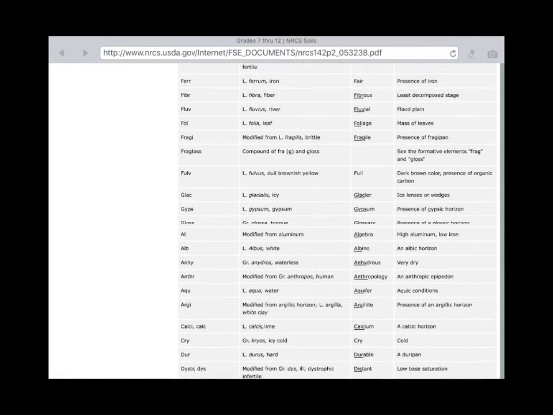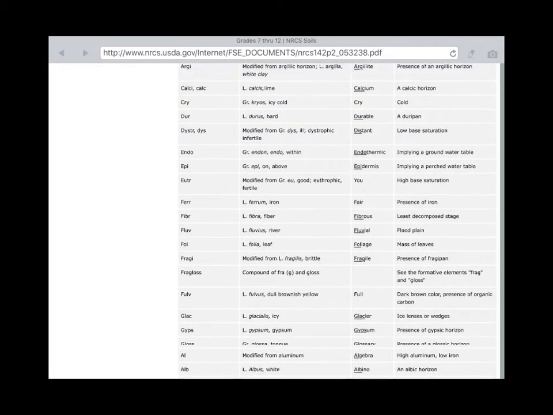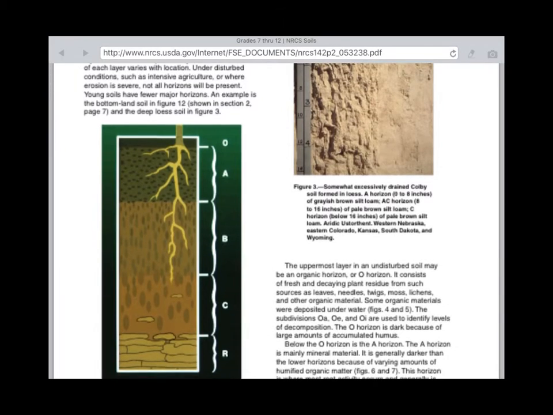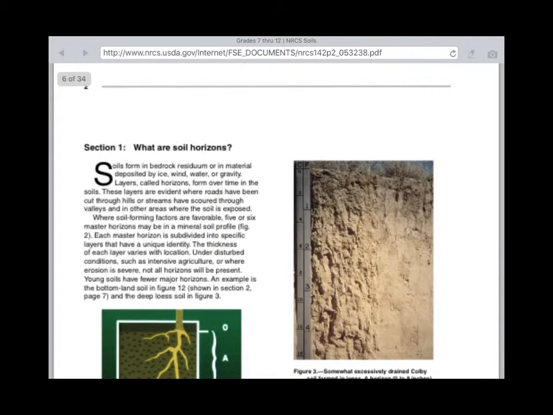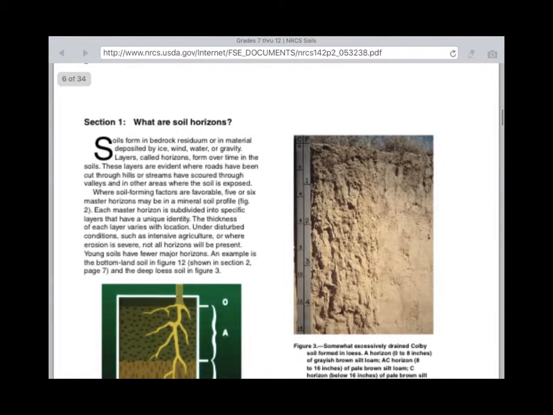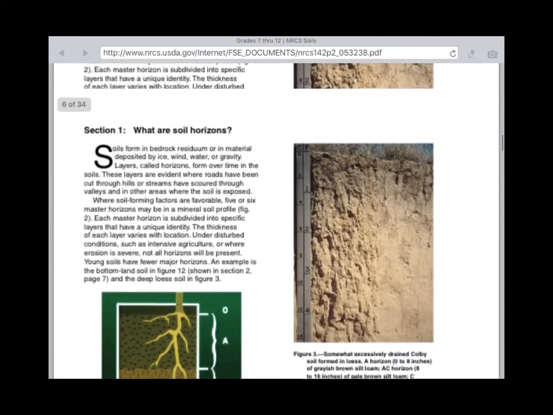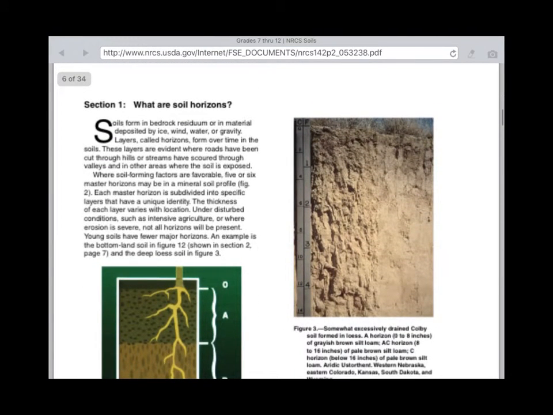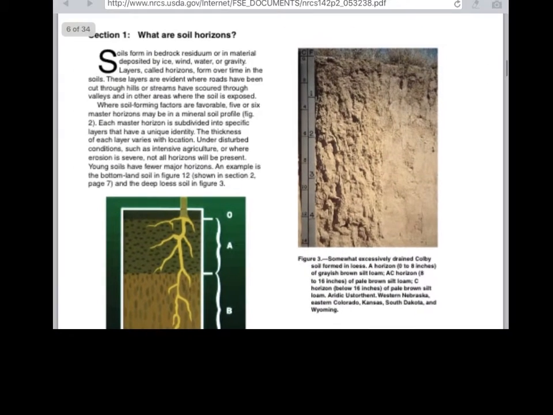I just went into this NRCS website on soils and going through some of the different things on soil horizons, because I know at the contest you'll have to measure the horizons in a cutout slab of soil. And the O horizon is, below the O horizon is the A horizon. And in here we get a definition of what the O horizon is, the organic matter that is present there.